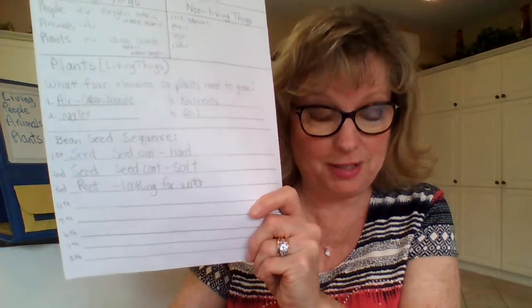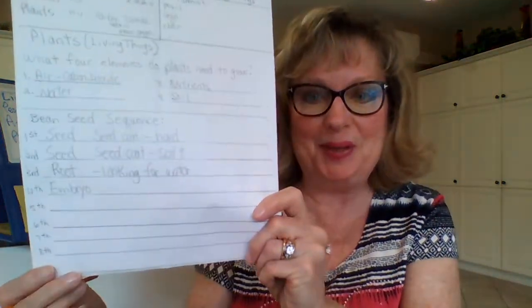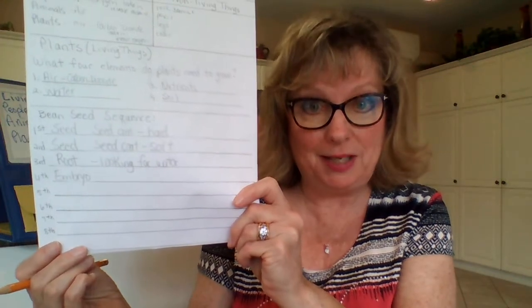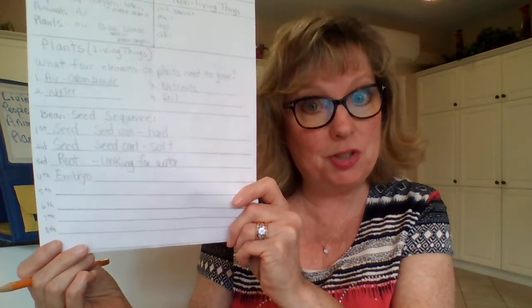The fourth thing that we noticed is, for me today, the embryo. So on the fourth line, please write embryo. And that's in your word vocabulary or your spelling word. You should be practicing that this week. So embryo, that's the baby plant. It started to emerge.